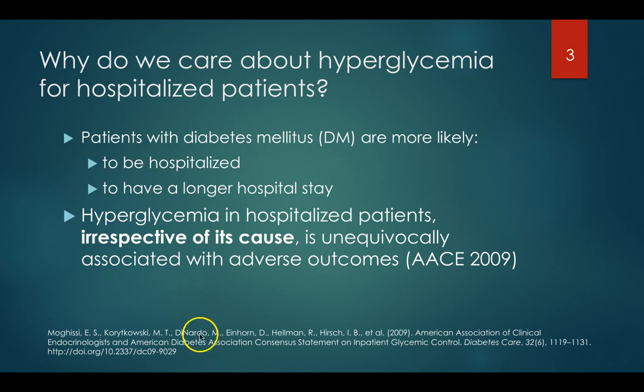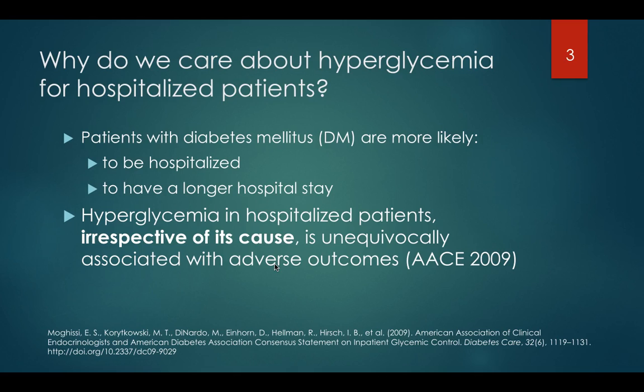Now, just a side note, all of the references for each slide are located at the bottom of each slide. So this particular statement came from ACE, American Academy of Clinical Endocrinologists, in 2009. What they said is hyperglycemia in hospitalized patients, irrespective of its cause, is unequivocally associated with adverse outcomes.